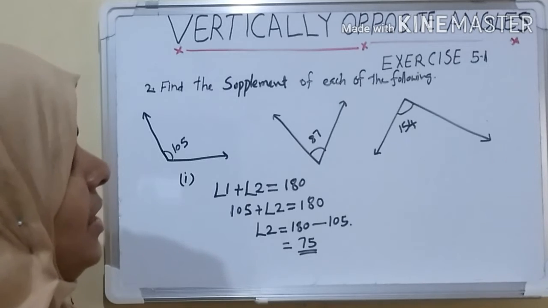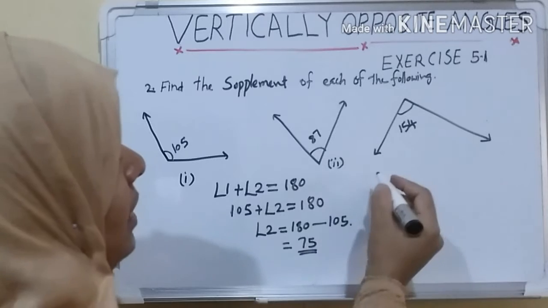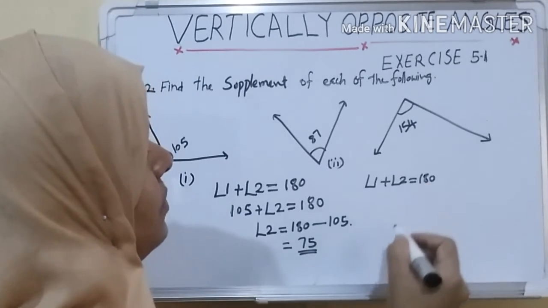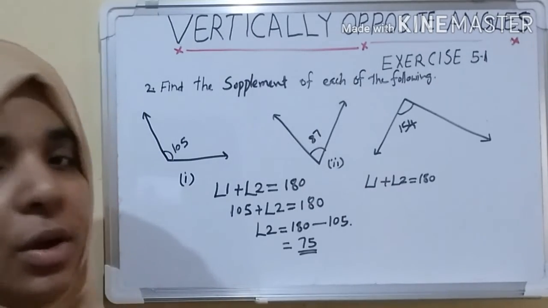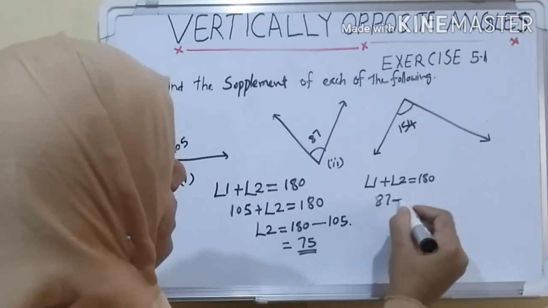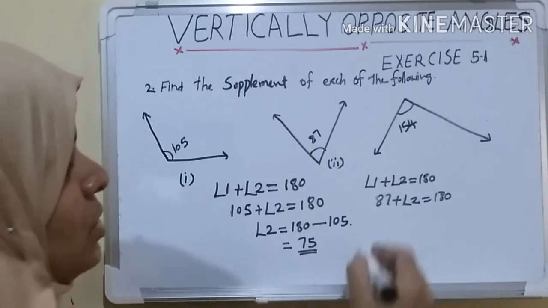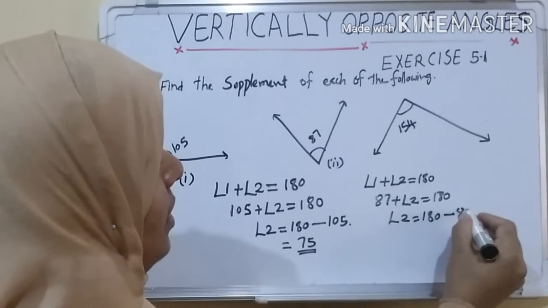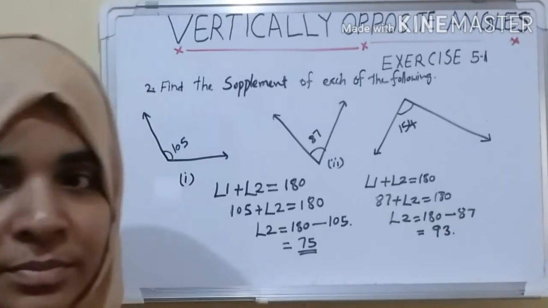Okay, then next one, the second one. How to do it? Like this. Angle 1 plus angle 2 equals 180, because we have to find the supplement of 87. Then angle 1 equals 87, 87 plus angle 2, which we don't know, so write angle 2. So angle 2 equals 180 minus 87, that is equal to 93.